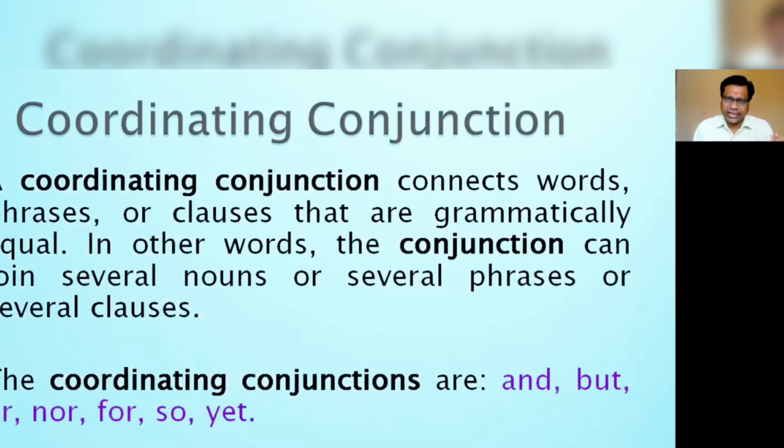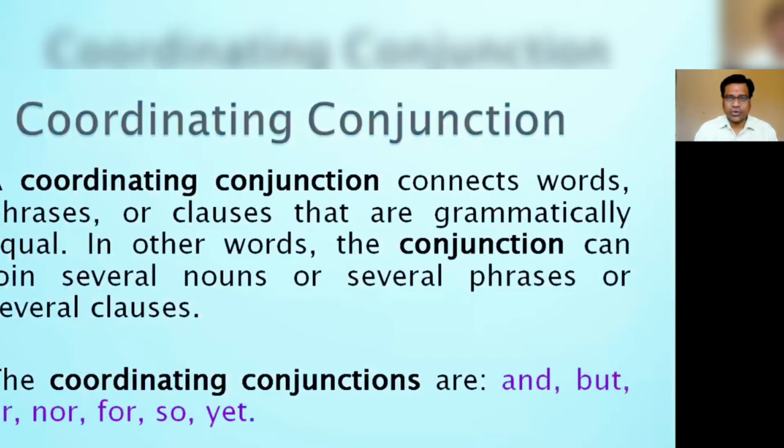A coordinating conjunction connects words, phrases, or clauses that are grammatically equal. In other words, you can say that a coordinating conjunction can join several nouns or several phrases or several clauses also.